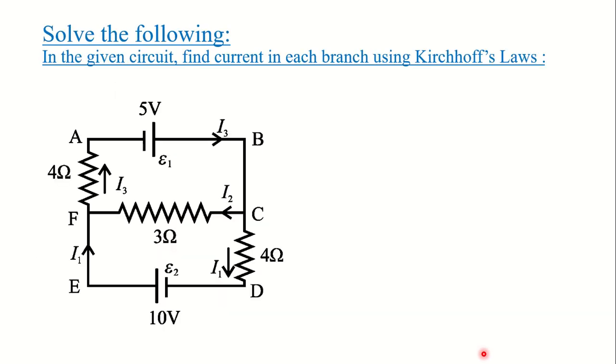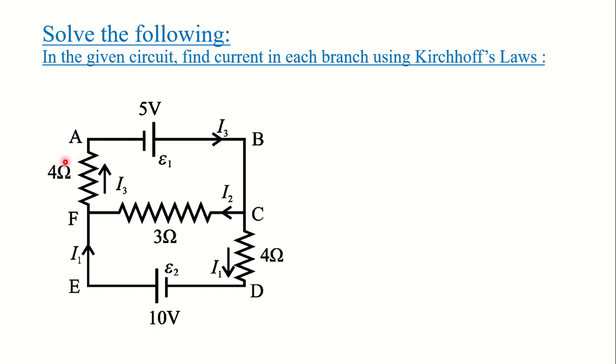Now we will try to solve one problem based on what we have studied, using both Kirchhoff's laws. Here you are given a circuit and it is asked to find the current in each branch using Kirchhoff's laws. There are two cells here, one with EMF 5 volt, and cell E2 with an EMF of 10 volt.